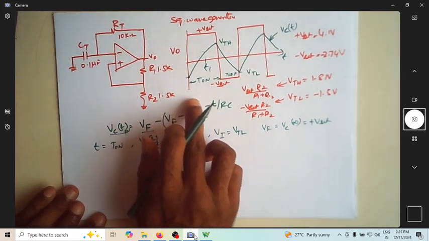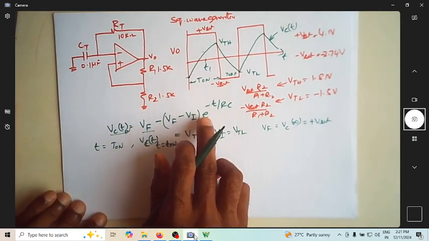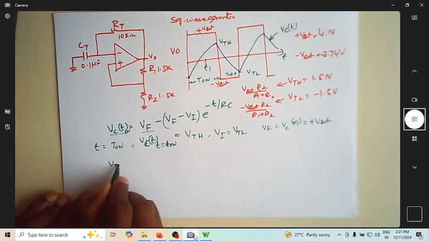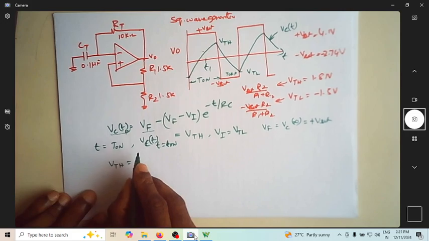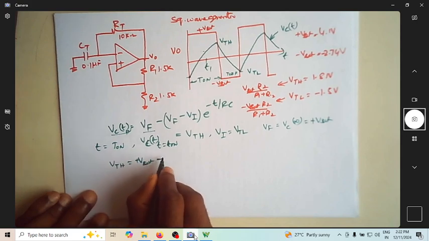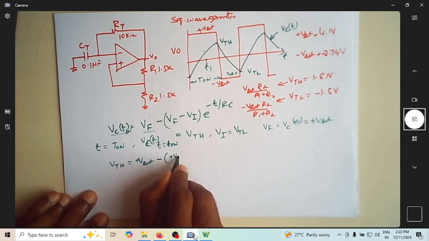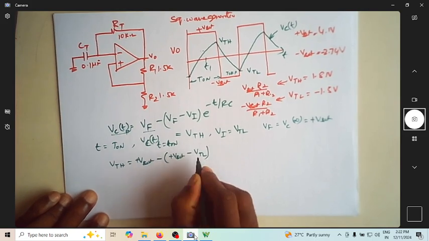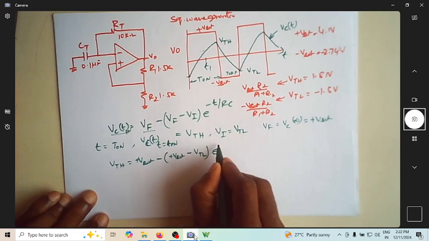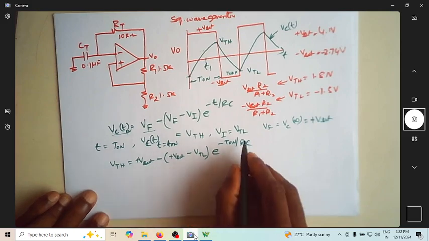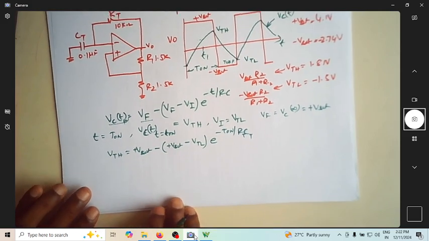So now I can rewrite this expression for t equal to T on as VTH equals plus Vsat minus (plus Vsat minus VTL) e power minus T on by RC.